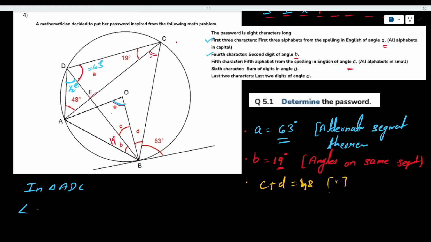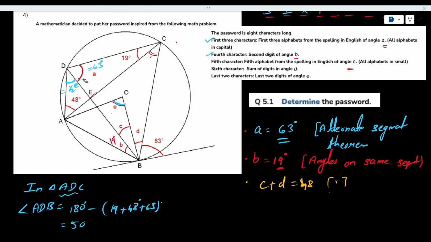I can take angle ADB using the angle sum property for triangle ADC: 180 degrees minus 19 plus 48 plus 63 degrees. If you add these and subtract from 180, how much will you get? Minus 48, minus 63, it will be 50 degrees. So this angle is 50 degrees here, right?